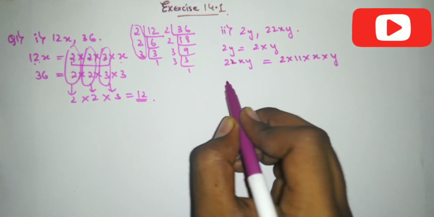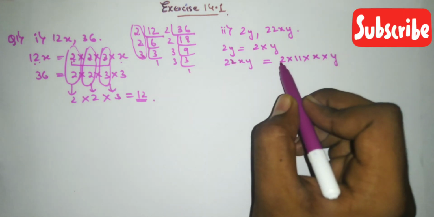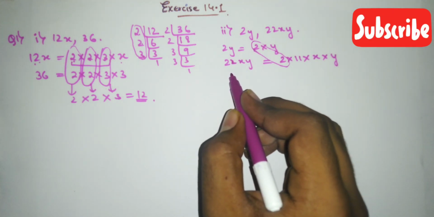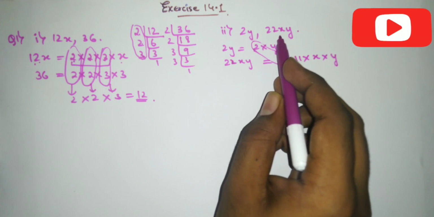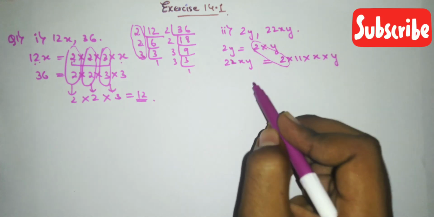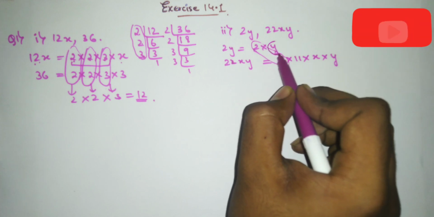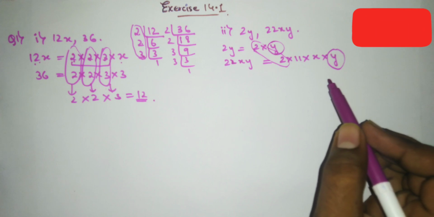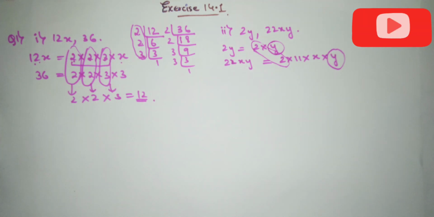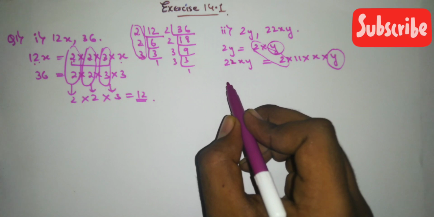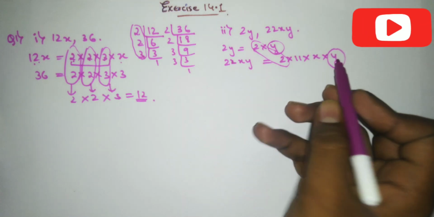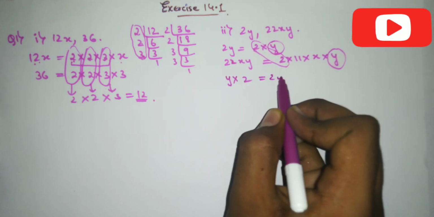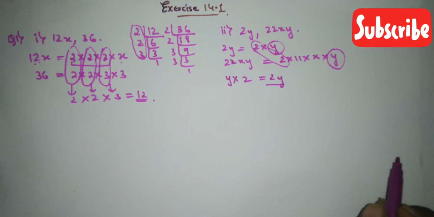From here 2 is a common factor, and y is also common. So the common factor between 2y and 22xy is 2 into y, that is 2y.